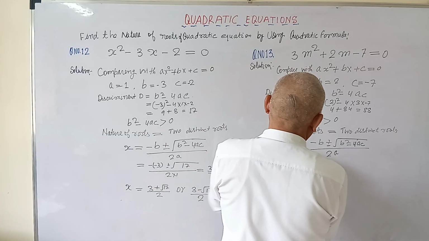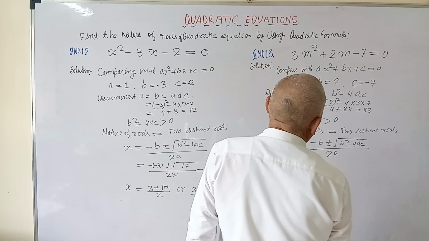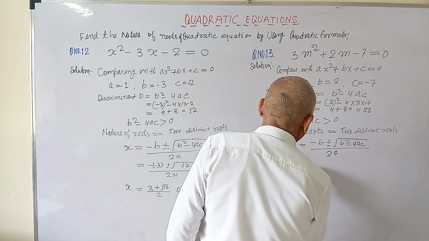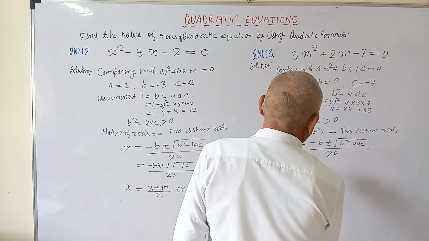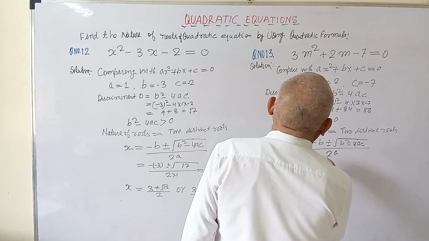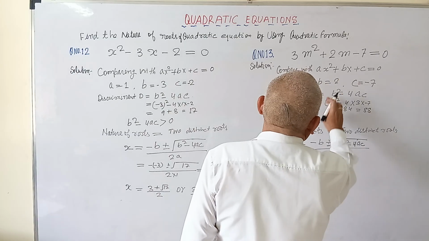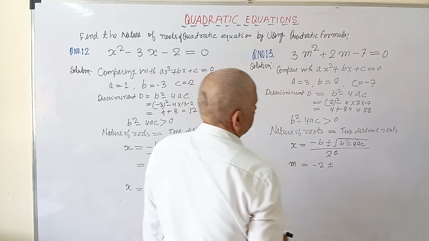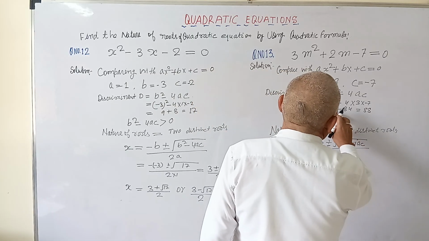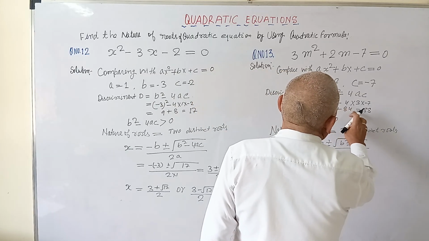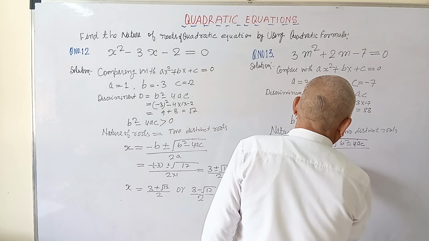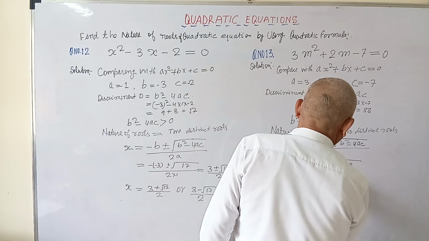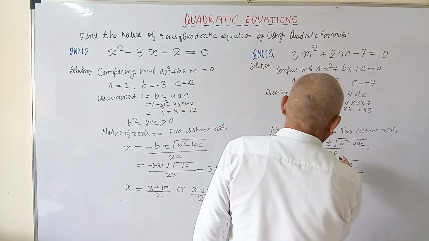So this will be the formula. Now to know the roots, here in this case it is m. So m equals minus b, b is 2, plus minus under root b square minus 4ac, we have calculated that is 88, by 2 into 3.